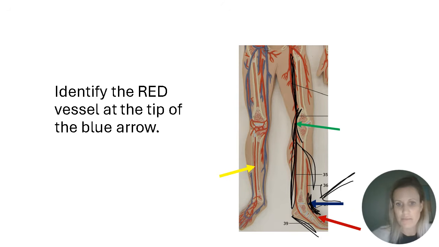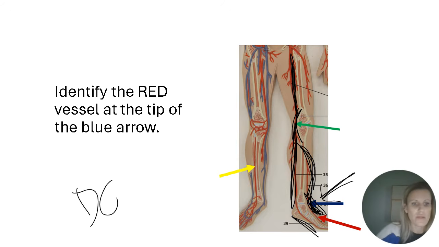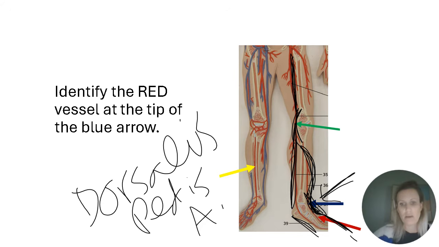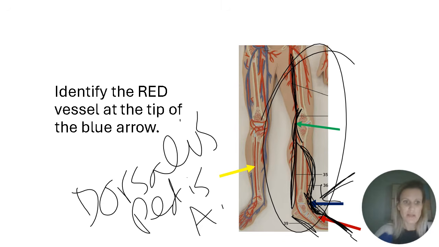Anterior tibial wraps around to the front of the leg, and then at the ankle, which is what this is pointing to, that becomes the dorsalis pedis artery, or you could say dorsal artery of the foot. And then at the top of the foot, that becomes the dorsal arches. And remember that it's in the leg, so there's a left and a right. And because this is the left leg, that's the left dorsalis pedis artery, or left dorsal artery of the foot.